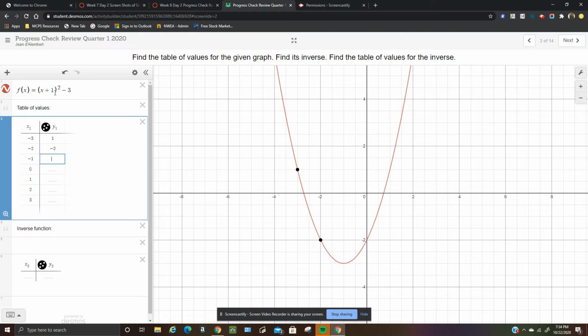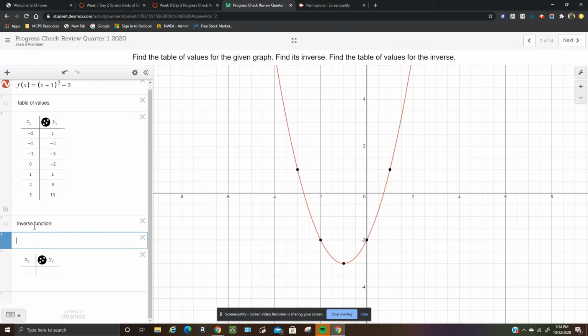And negative 1 plus 1 is 0, minus 3 is negative 3. And 1 minus 3 is negative 2. And then 2 squared, 4 minus 3 is 1. 2 plus 1, 3 squared is 9. Minus 3 is 6. And 3 plus 1 is 4. Squared is 16. Minus 3 is 13.